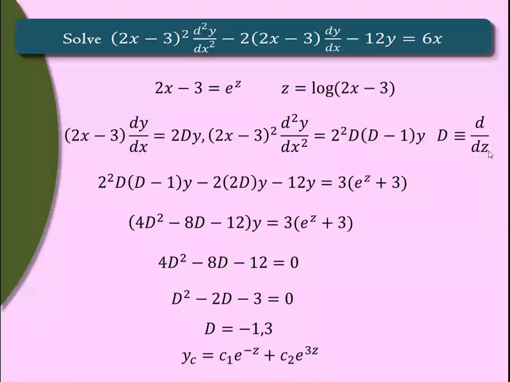But if we have d as d by dz or any other variable here, then we get answer in that variable. So that is a very, very important point we have to remember while solving such type of Legendre's or Cauchy's equation. Okay, we have to get answer in z. So it is C1 e raised to minus 1z plus C2 e raised to 3z.